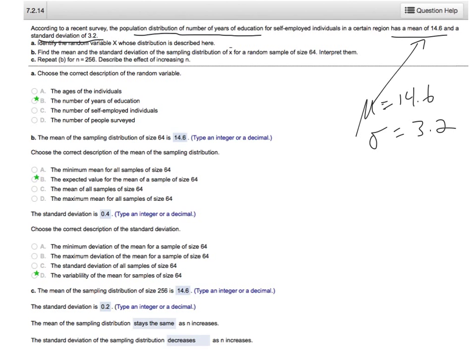Then it asks us for some information about the sampling distribution of various sizes. So remember, the sampling distribution should also be a normal curve. The center of the sampling distribution ought to match the center of the population distribution.